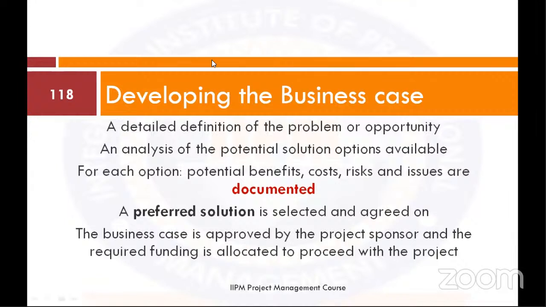Why do you think we need a task collection software? Give us a detailed definition of the problem. Then why do you think task collection software is the solution? Give us the benefits, the costs, the risks, and the issues within the software. Tell us all of that.